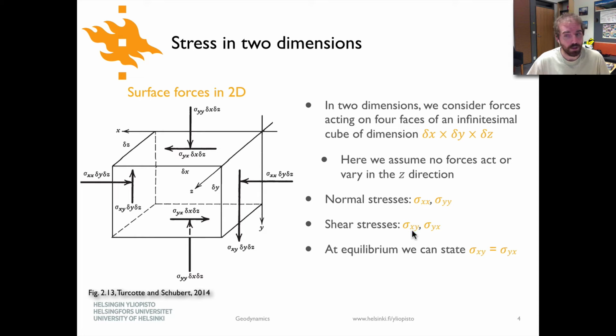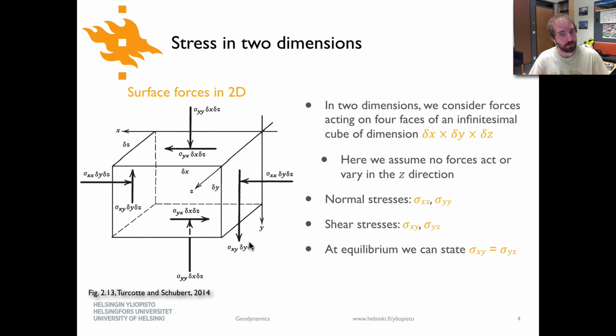The shear stresses then would be sigma xy and sigma yx. So sigma xy you can see over here in this case, and as you'll recall, the first letter here is indicating the surface that it's acting on, and in this case the surface is perpendicular to the x-axis, so that's sigma x, and then the force is acting in the y direction, so you can see that going down parallel to the y-axis.